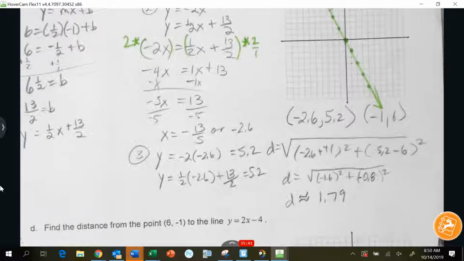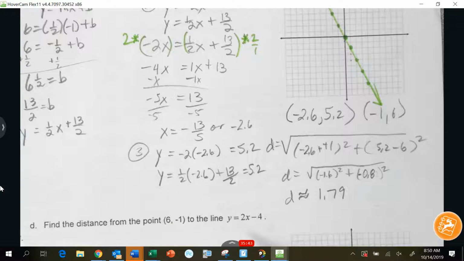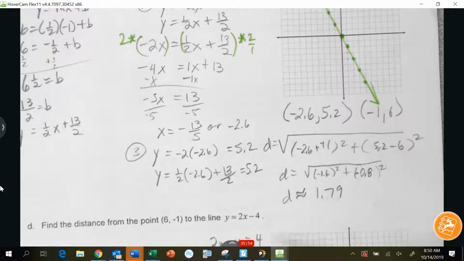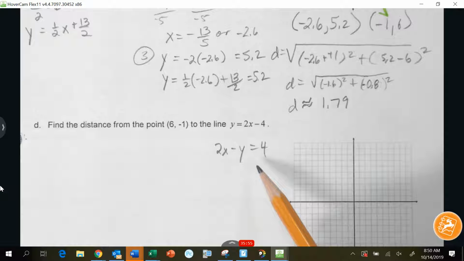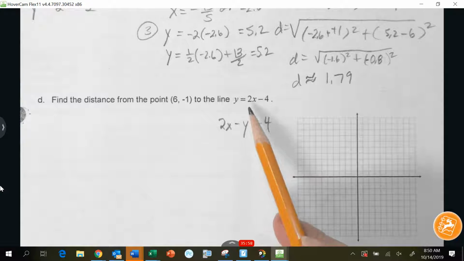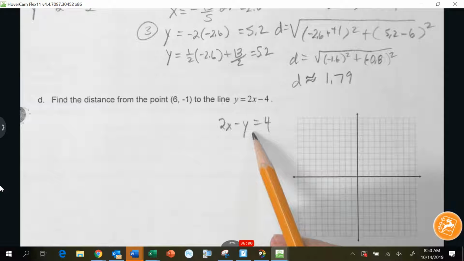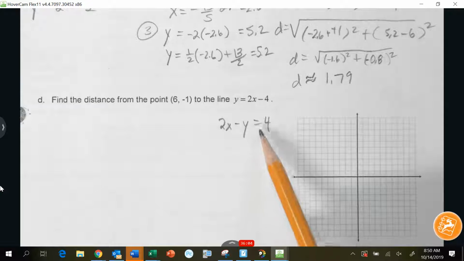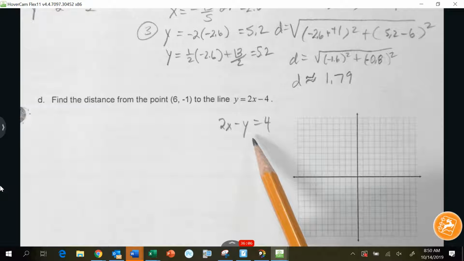I have a 6-question assignment for you. The only thing different about the assignment from this is the original line might be given to you in this format, like 2x minus y equals 4. So how would this change the way you did it if the line was given to you in this format?